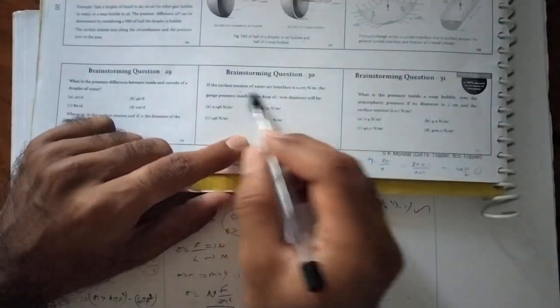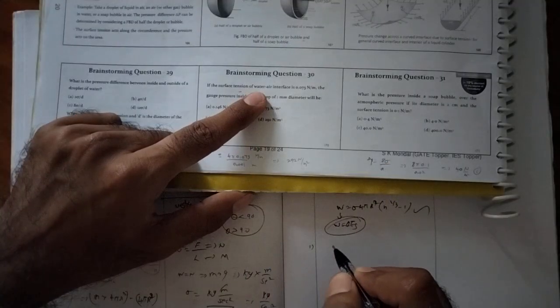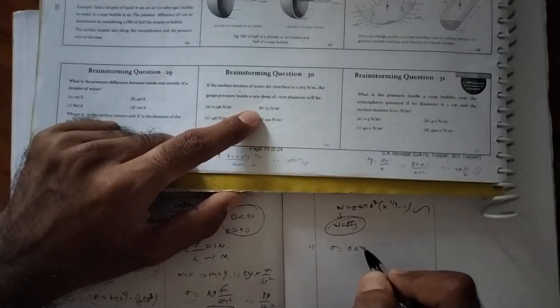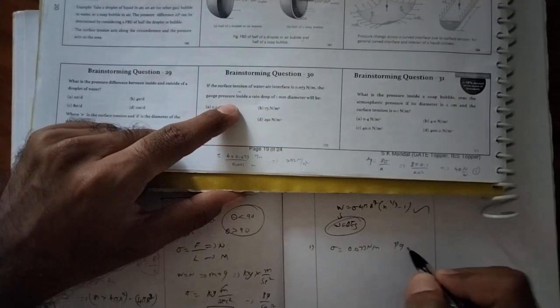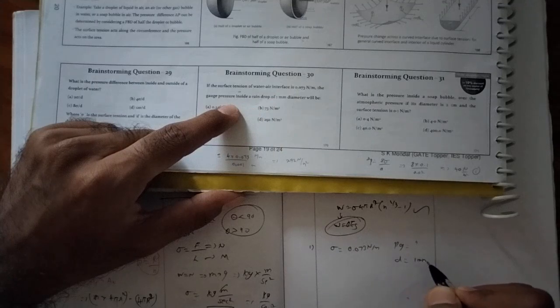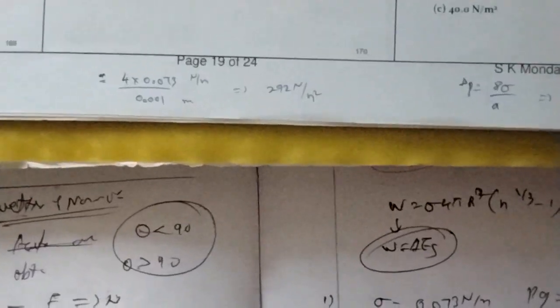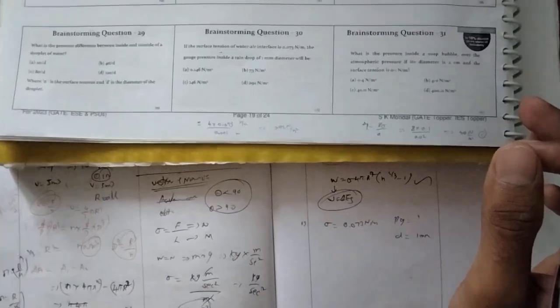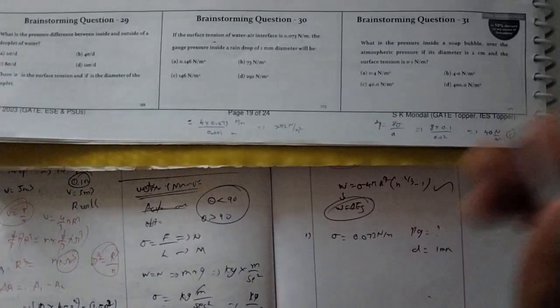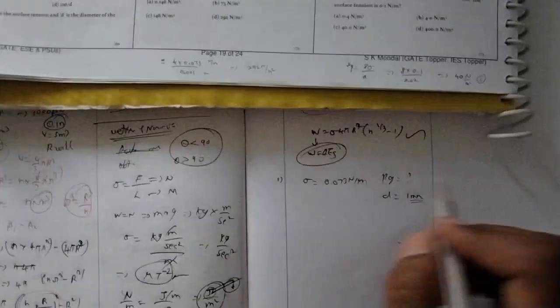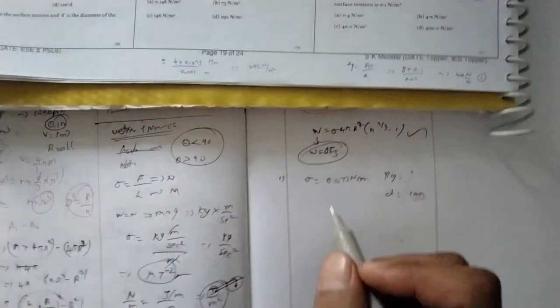Here the surface tension of the water and air interface is sigma equal to 0.073 newton per meter. Pg equals what? The diameter is given as 1 millimeter. Newton per meter is given, millimeter is given, and the water and air interface is given.